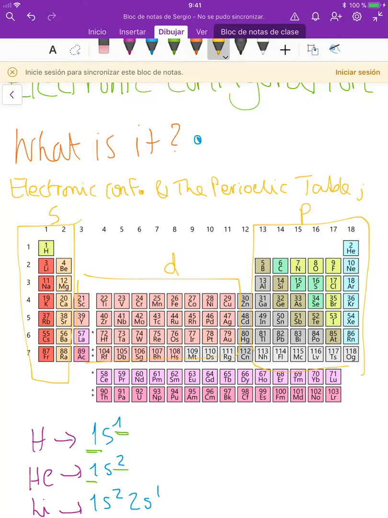So for example, when we get, let's say for example, sodium, we go 1s2, then we get 2s2, then we get 2p6, 1, 2, 3, 4, 5, 6. Second row, so second quantum shell. 3, third quantum shell. S subshell, 1 electron.